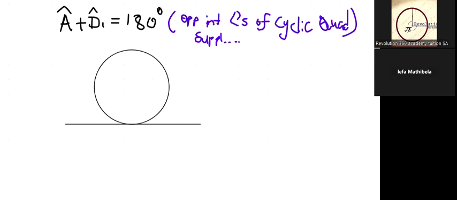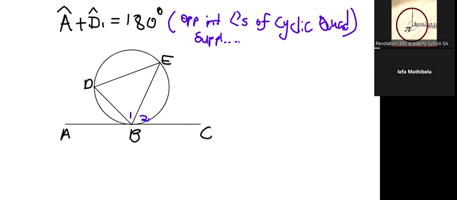The angle between a tangent and a chord is equal to the angle in the alternate segment. So if we say this is tangent ABC, and here we have D and E, and here let's say B1, B2, B3.